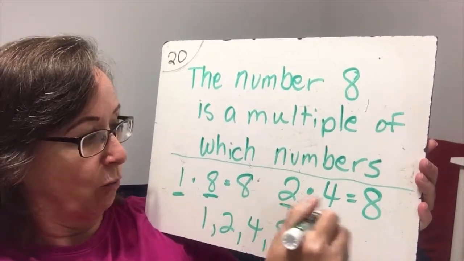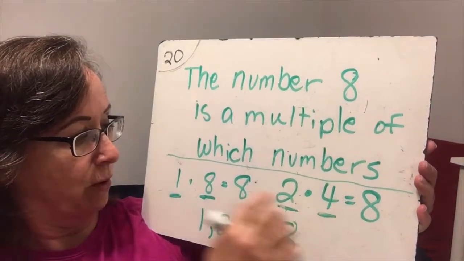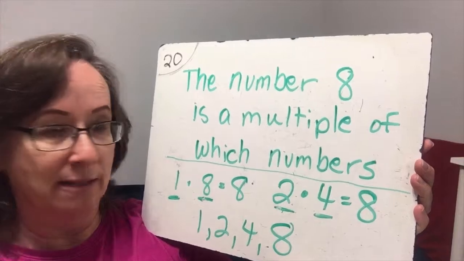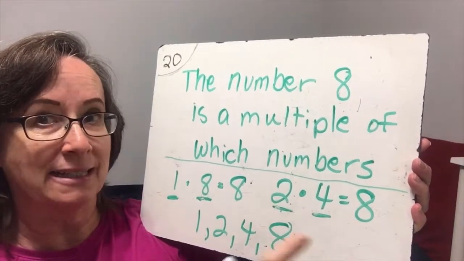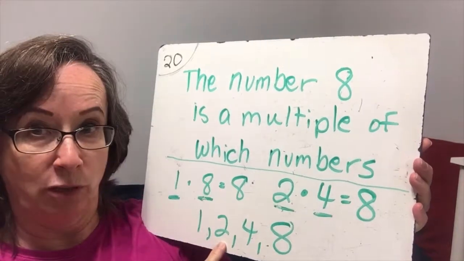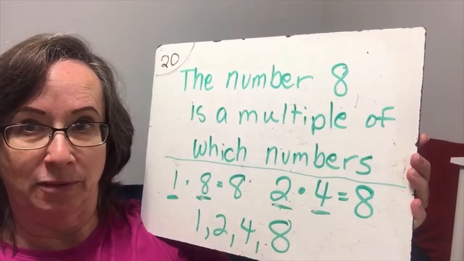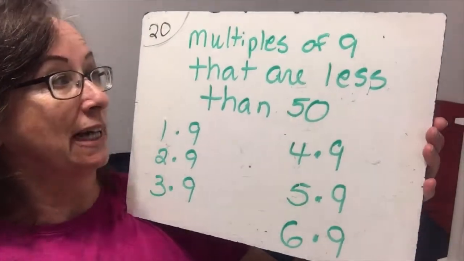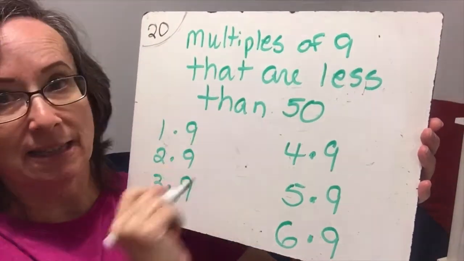So 1, 2, 4, and 8 are the factors that will make up 8. All right, therefore 8 is a multiple of 1, it is a multiple of 2, a multiple of 4, and a multiple of 8.